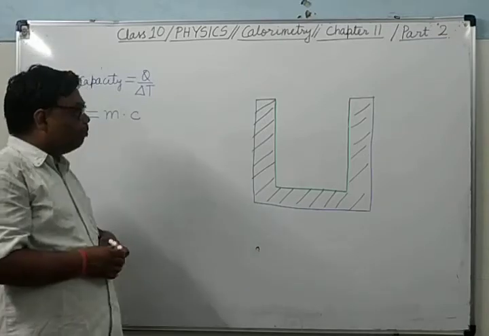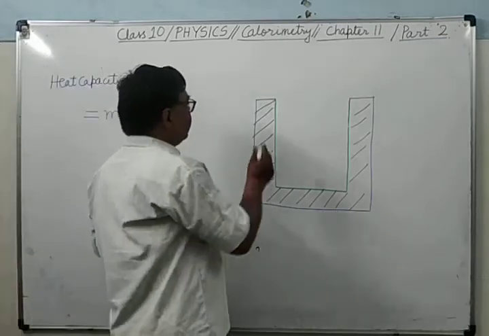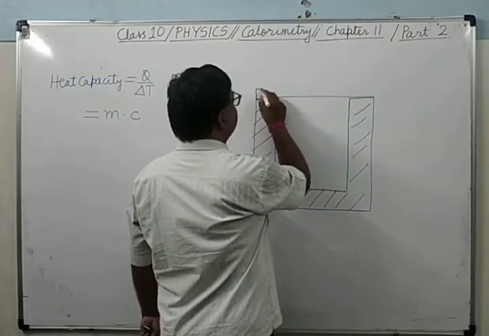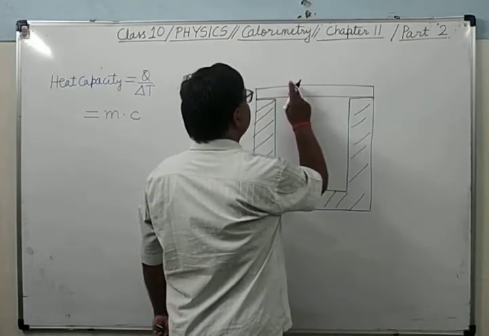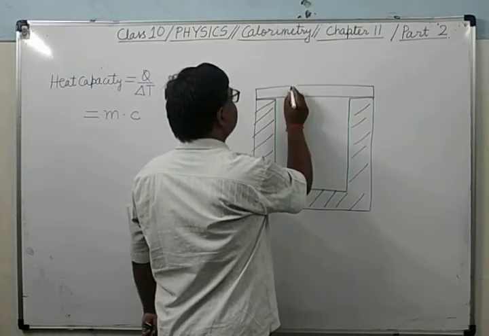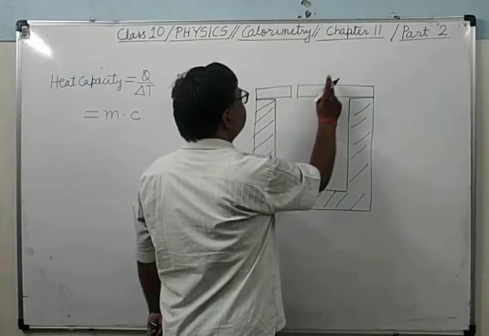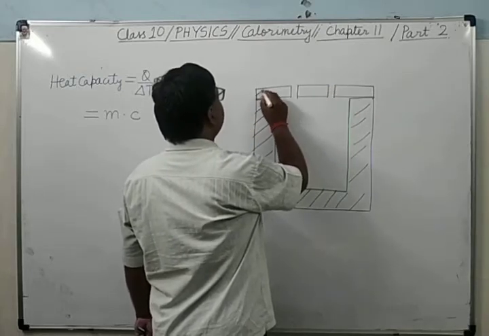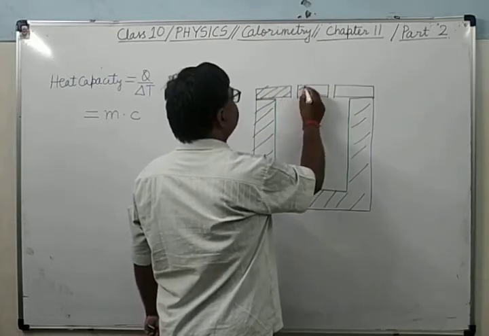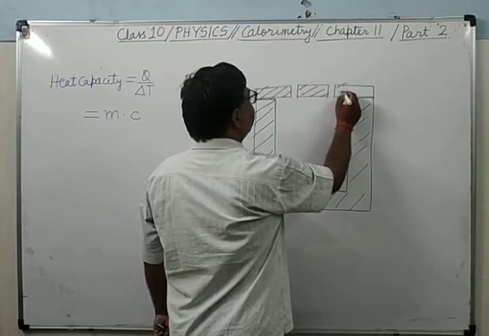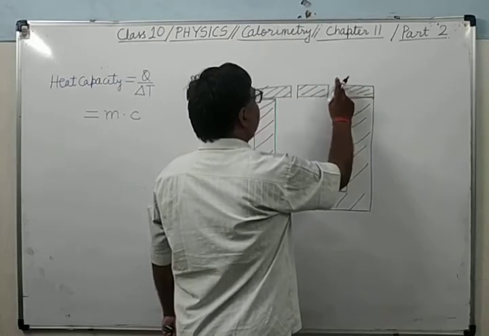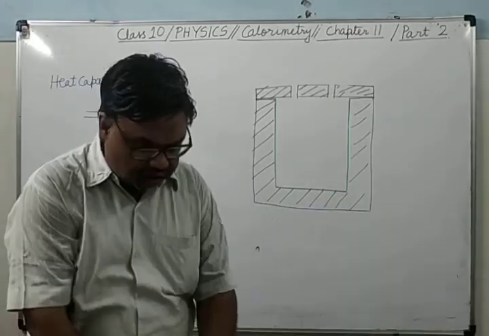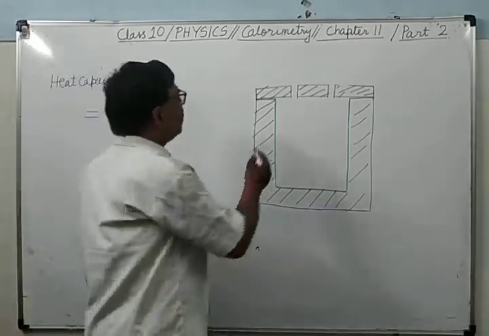Then it is covered by a wooden lid. Here there is a wooden lid, and this wooden lid is having two holes. This is one hole, and this is the other hole. From one hole a thermometer is passed.